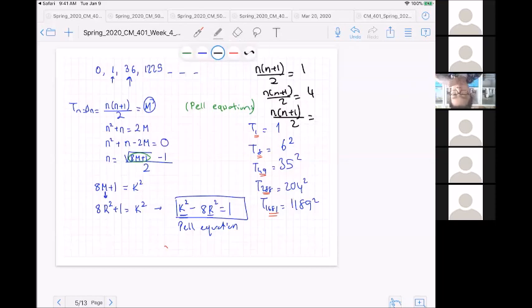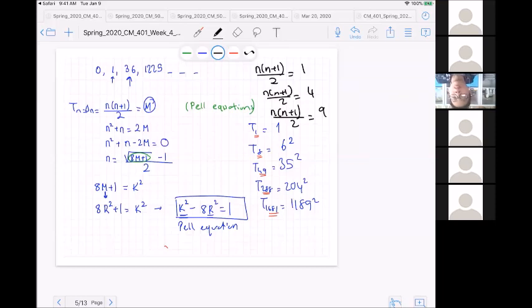Or can it be equal to 9? I hope that makes sense.